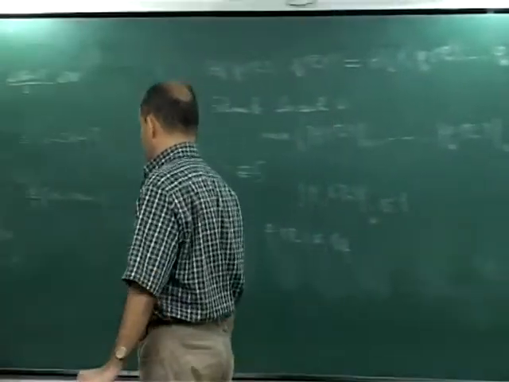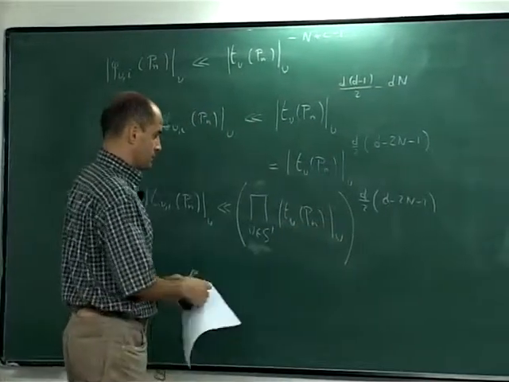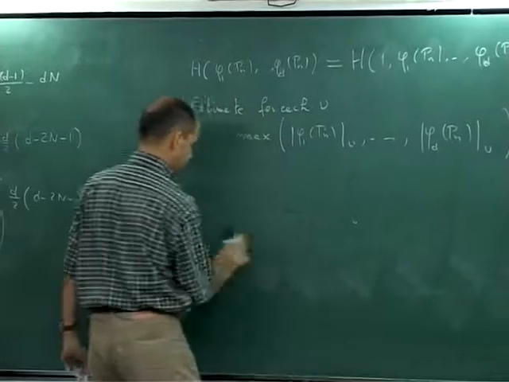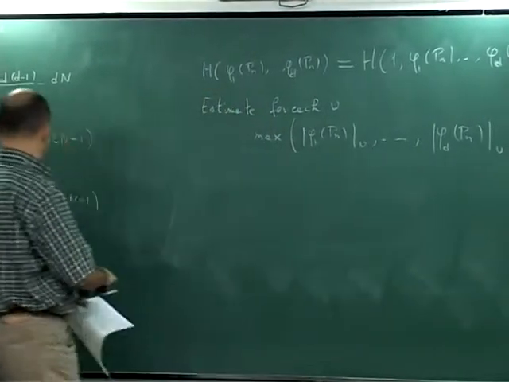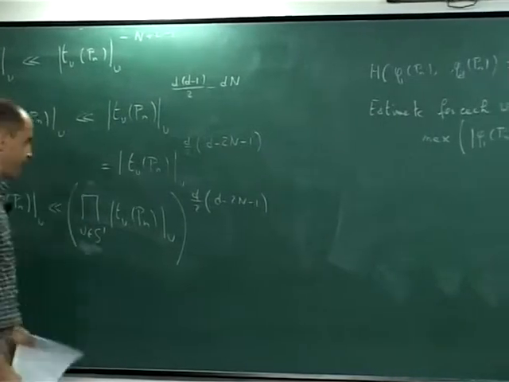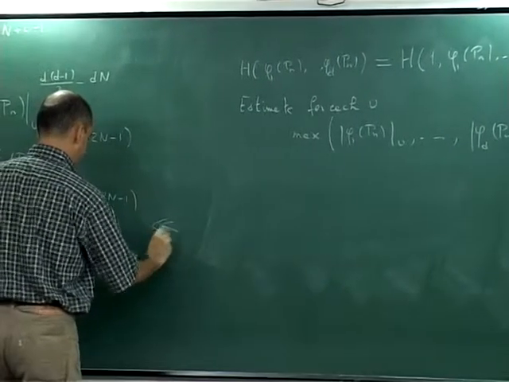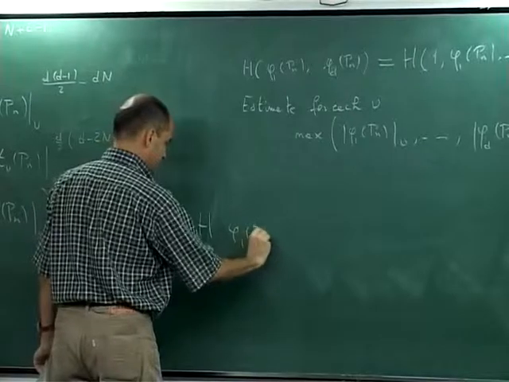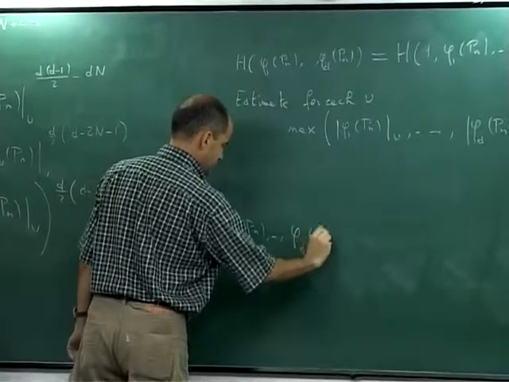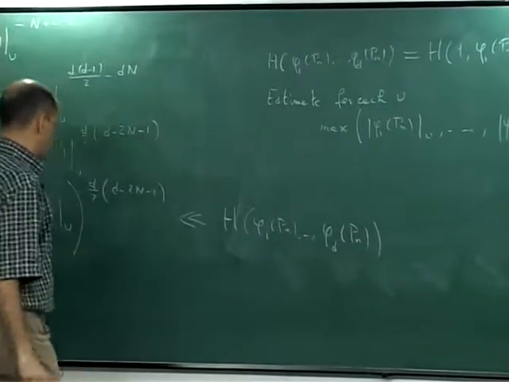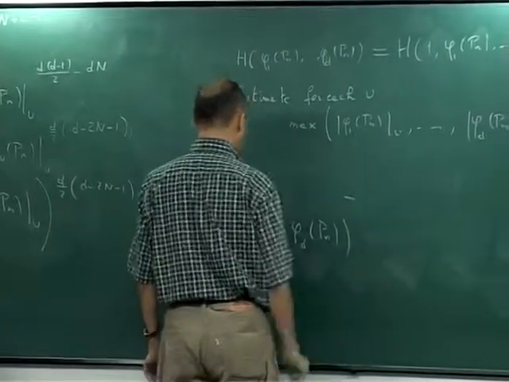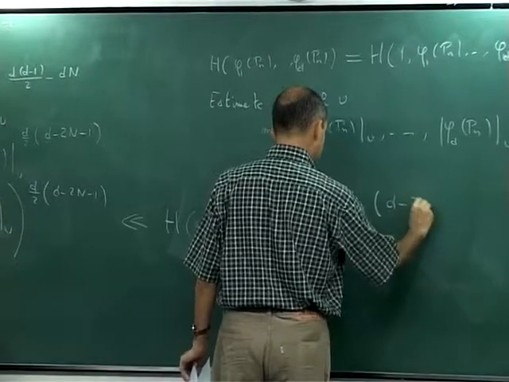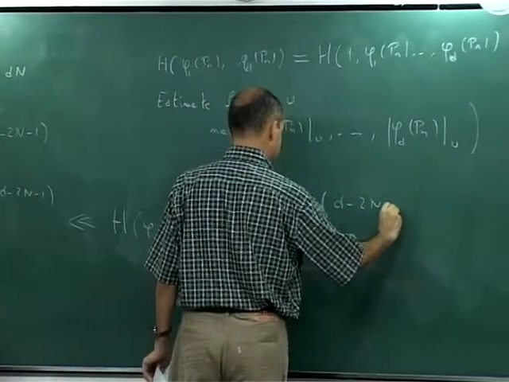So finally what I obtain here is that this is less than the height to the minus d over 2n multiplied by d minus 2n minus 1.